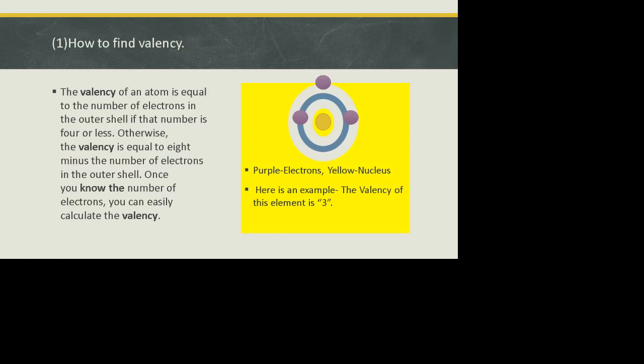Now in this M shell there is only 1 electron. To fulfill this shell, 7 electrons are required. So it is impossible for sodium to gain 7 electrons. That's why it loses its 1 electron to other elements in a chemical reaction. The lost electron is 1. That's why the valency of sodium is 1.